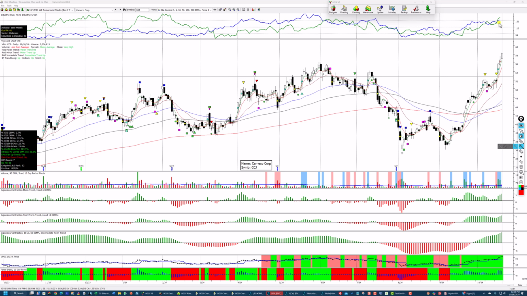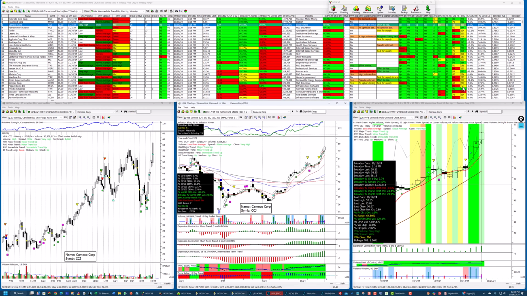So this is probably the leader in the group. It's in base metals. Well, they're all going up today.